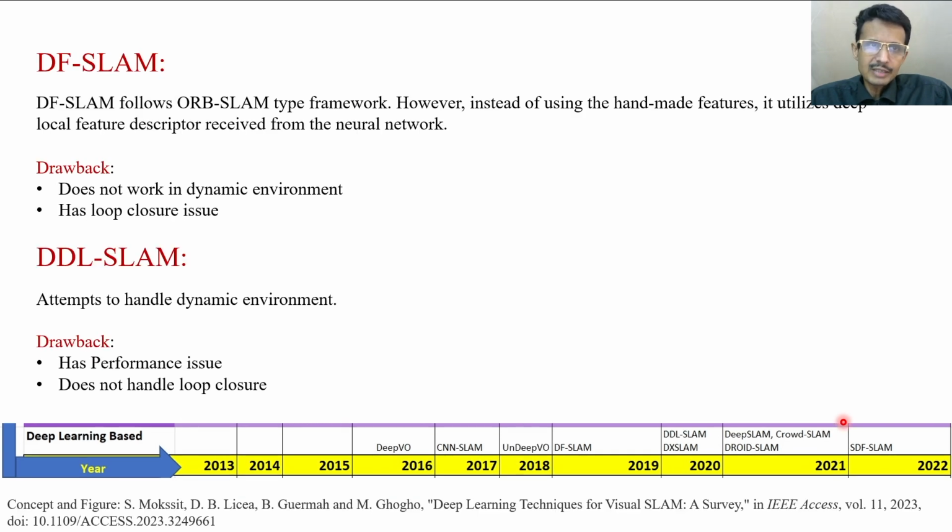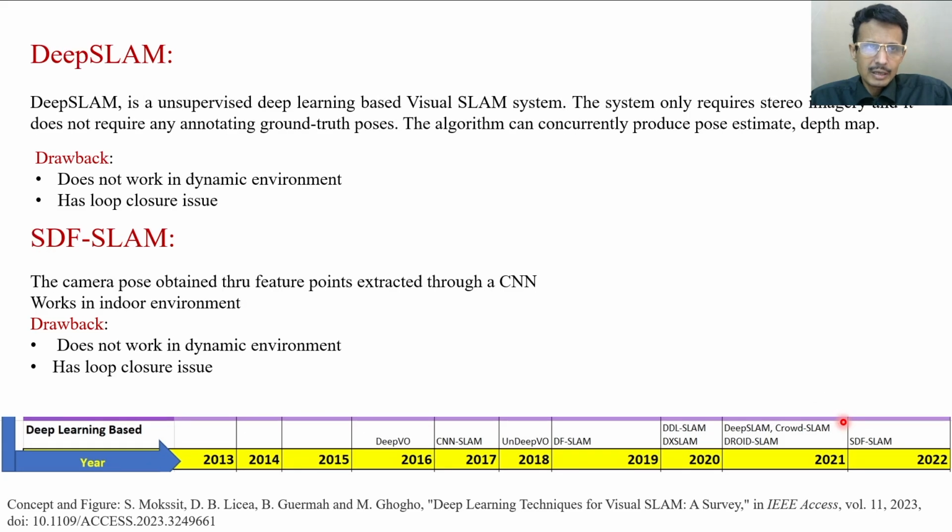Next, DF-SLAM. DF-SLAM follows the ORB-SLAM type framework. However, instead of using hand-made features, it uses deep local feature descriptors obtained from a neural network. The main drawback is that it does not work in dynamic environments and has a loop closure issue. DDL-SLAM attempts to handle the dynamic environment, but has performance issues and does not handle loop closure. Deep-SLAM is an unsupervised deep learning based visual SLAM system.